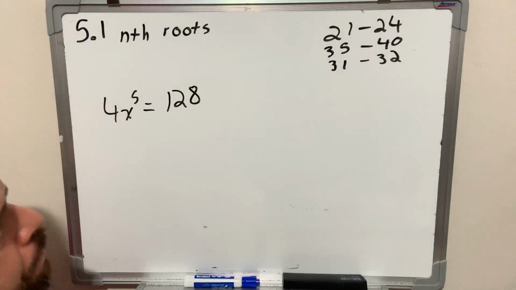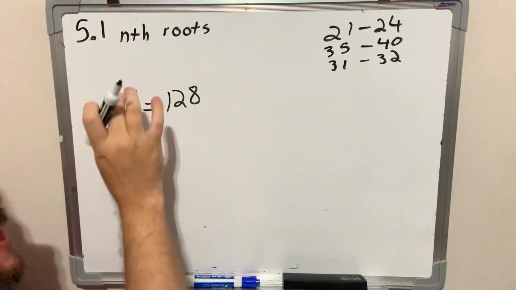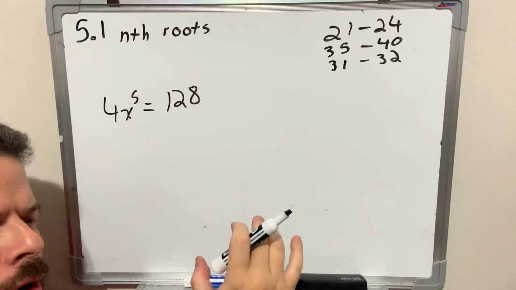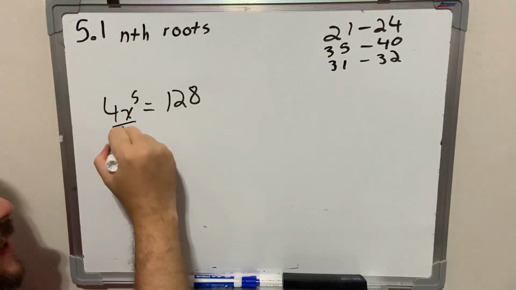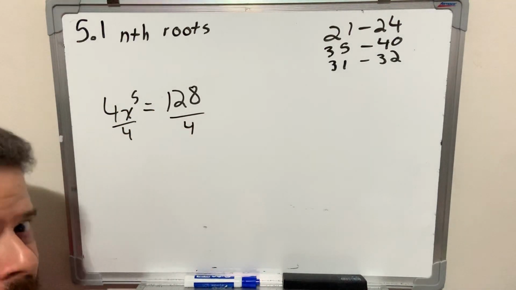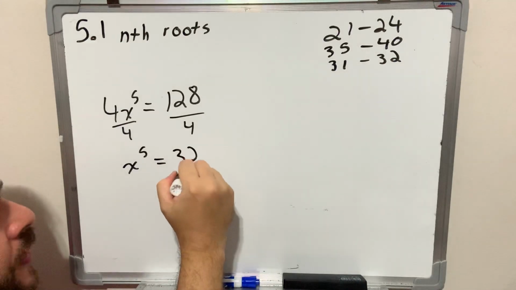Again, remember, when we're isolating, you have to try to leave the variable with the power, or the expression to the power, till the very end. So the first thing I do here is divide by 4. You do not take the 5th root, you divide by 4 first. So that leaves me with x to the 5th power equals 32.